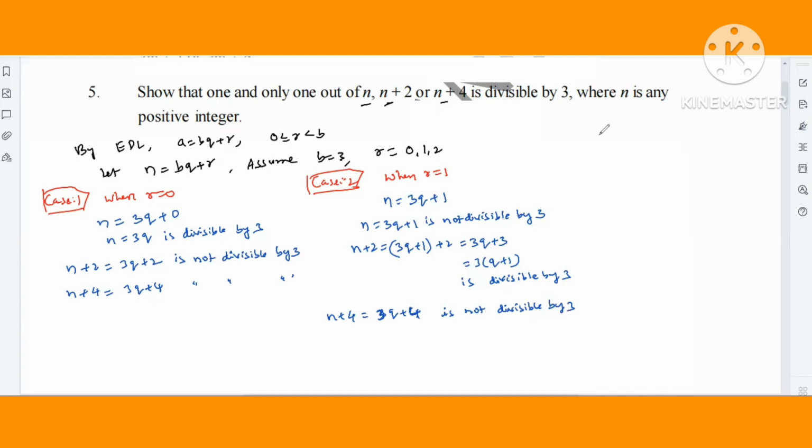Now let us take case 3, when r equals 2. n equals 3q plus 2, which is not divisible by 3.